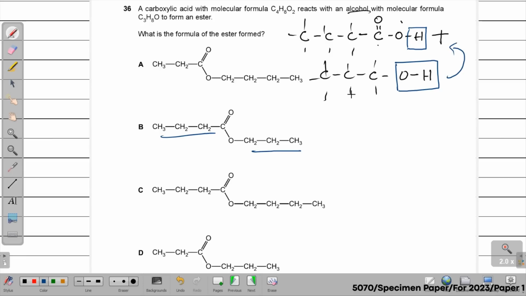So let's go ahead and try reacting these. Obviously the hydrogen and the OH are severed. So you're going to be first writing the acid part. We've got hydrogens over here, so 2 hydrogens, 1, 2, 3, 4.